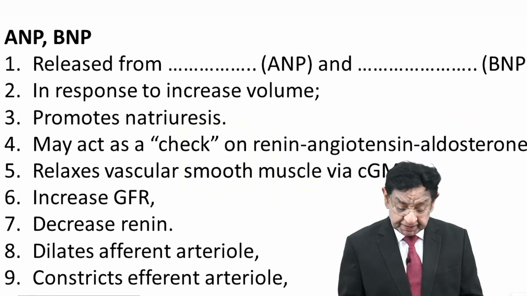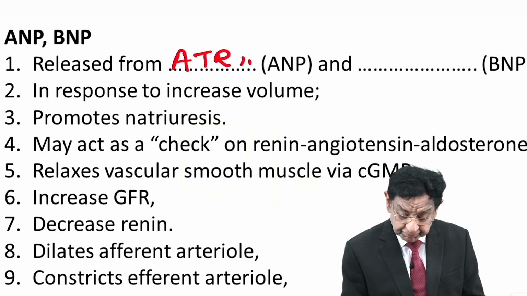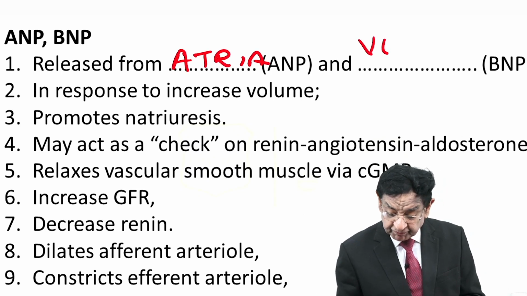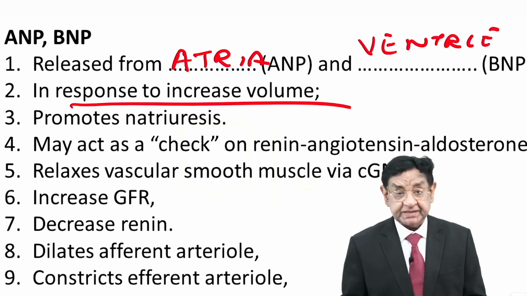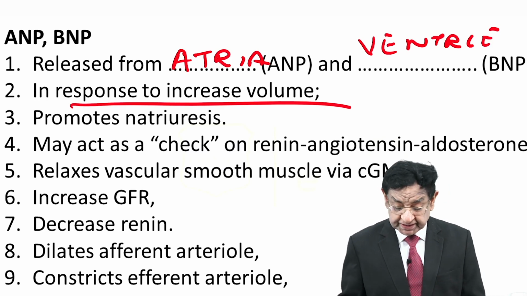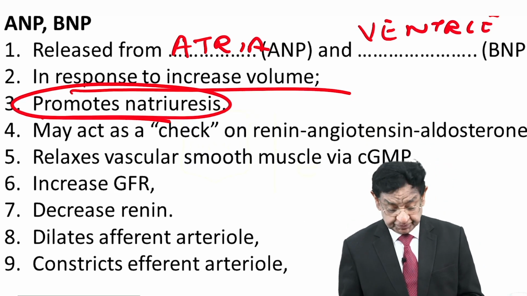ANP and BNP: ANP is released from the atria and BNP is from the ventricle of the myocardium. They are secreted in response to increased volume. The main action is natriuresis.